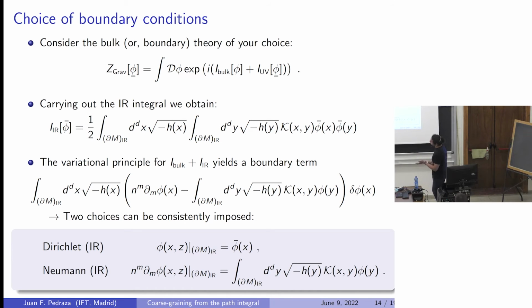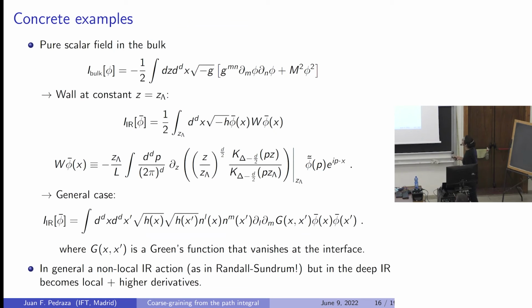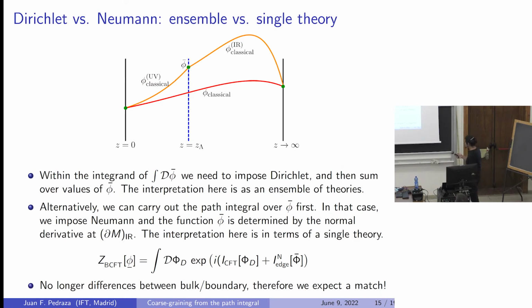So when can we use one or the other? That's the point. Yeah, so I have a figure here to illustrate that. The idea is that we are splitting the path integration in two regions, and we have an extra path integral over these values at the interface, right? So normally you can solve for the value of the classical field in the two regions, right?